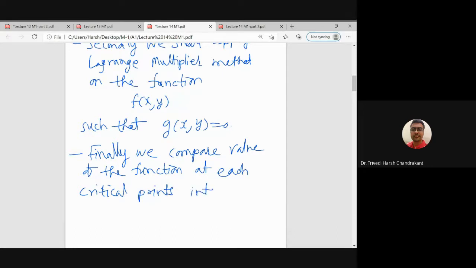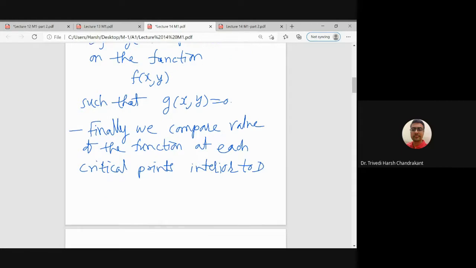So we take all the points interior to D and all the points x y coming from the Lagrange multiplier method.